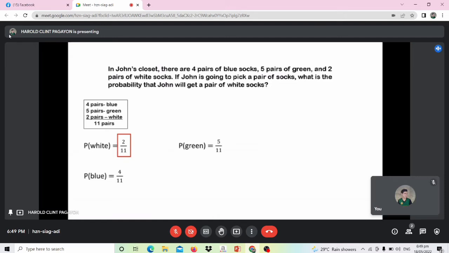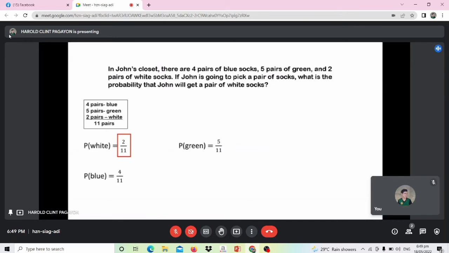Let's just substitute the number of pairs of green socks, all over the total number of pairs of socks, which is 11.